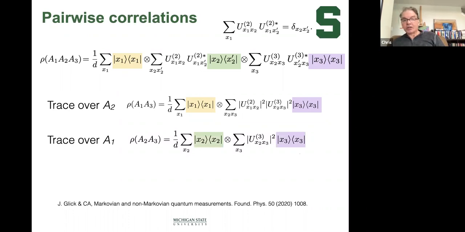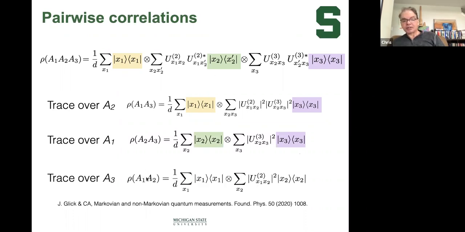And if I use the identity over here, then I can trace over A3, and I get the density matrix of A1 and A2, and also it's diagonal. So in other words, you do not see this reoccurrence of coherence if you only look at pairwise. And most of the time, people never look at more than pairs of measurements.